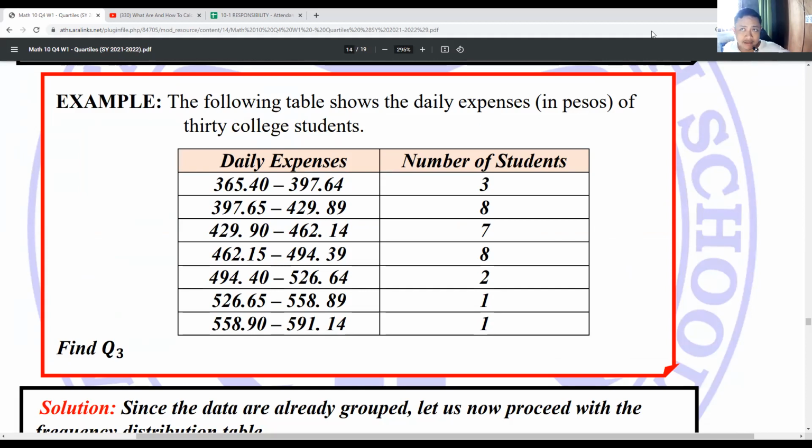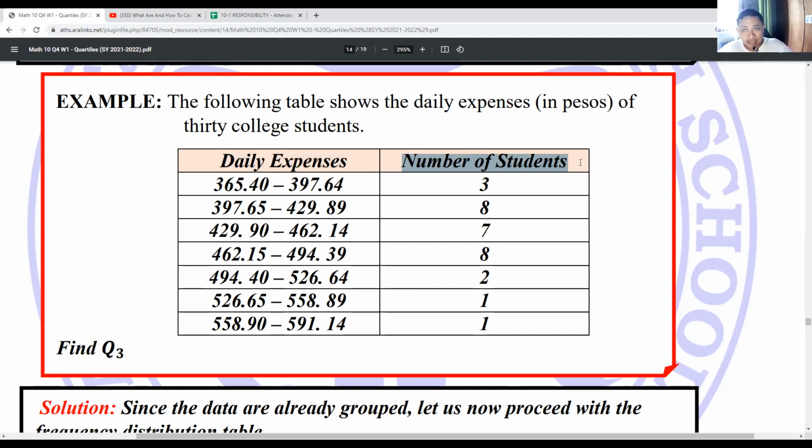The class interval is already prepared for you. So all you have to do then is to continue your frequency distribution table. Because in this case, you already have your class interval. The daily expenses will already serve as your class interval. The number of students will already serve as your frequency, kung gaano sila karami for those class intervals.